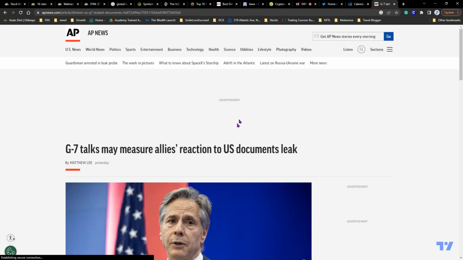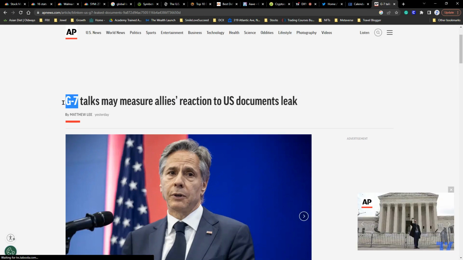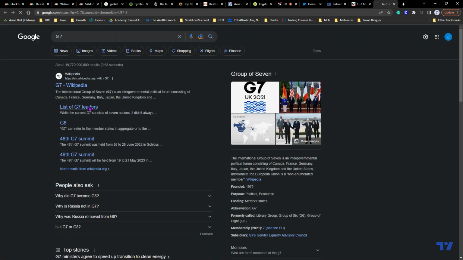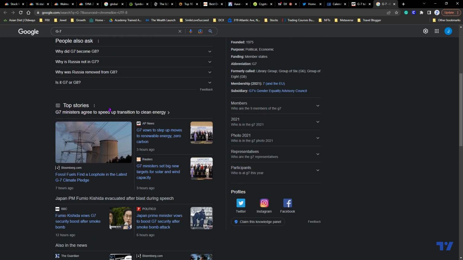Actually, here, this is kind of political, but G7. Okay, so if you don't know what G7 is, let's just look it up real quick, just to make sure I'm absolutely correct. We experience G7 meetings on the Forex economic calendar. That's why I would care what they say, because when they have news outlets on the economic calendar, it usually has increased volatility in the markets.